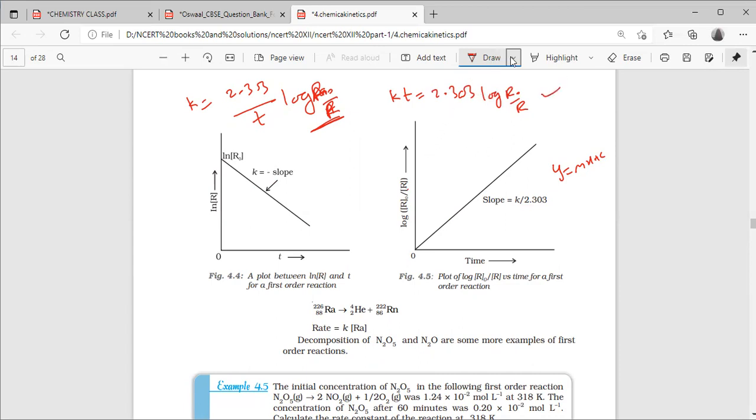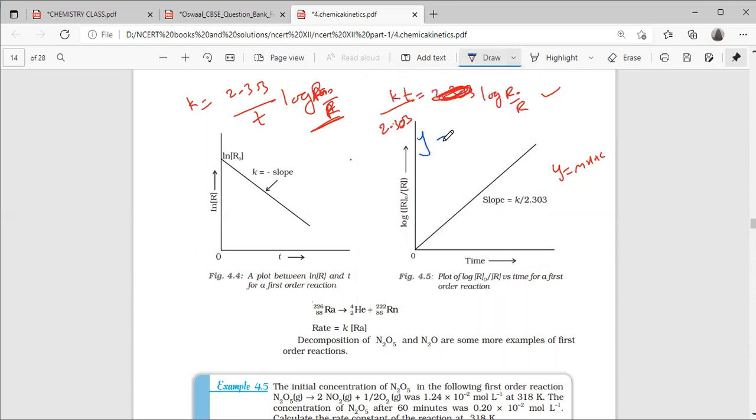Yes, sir. In the next step, this 2.303 I can take down. Kt by 2.303 equal to log R0 by R. Okay.